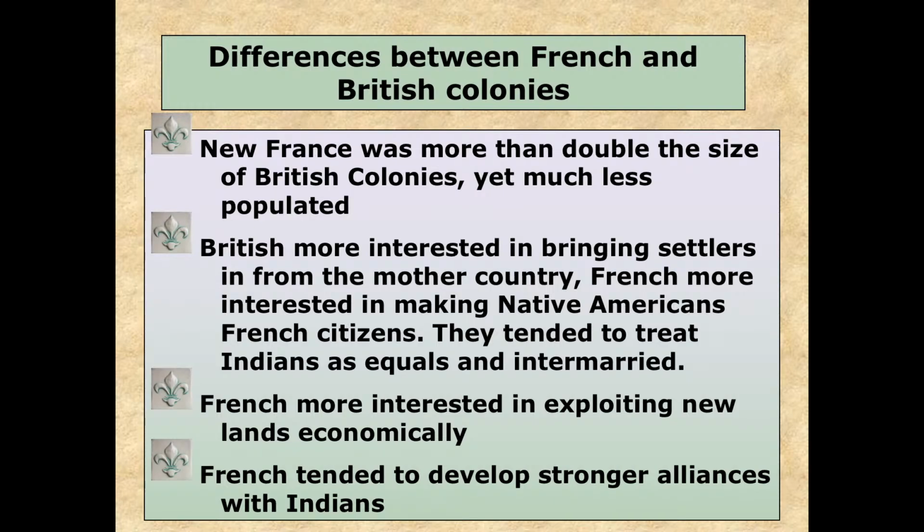So, plus their motives for what they want to do with their land. Now, for the French, colonization isn't really that big of a thing. There aren't that many colonists living in New France. It's double the size of the British colonies, but less people. Now, the British colonies, though, they are interested in settlement and economic opportunity.